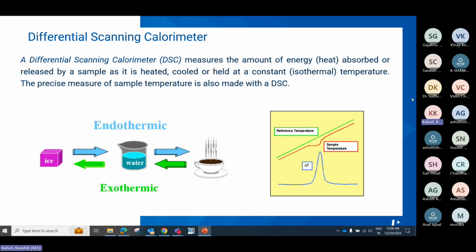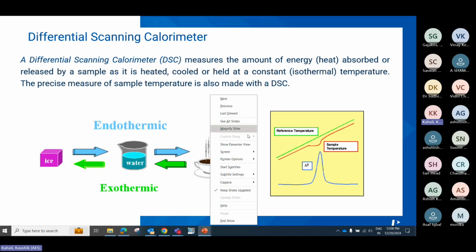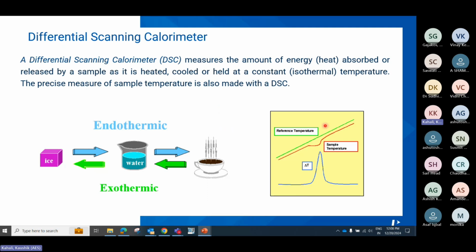Basically, there is a reference against which we measure the sample. So here basically we measure the temperature difference between the reference and the sample. In the reference part, we keep a blank pan, that is only an aluminum pan. And on the sample side, we have the aluminum pan plus sample.